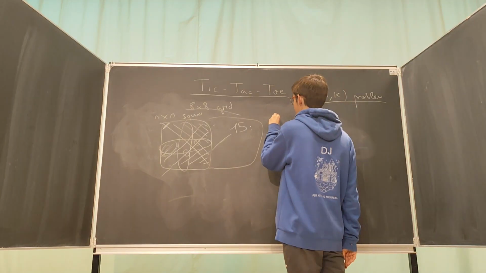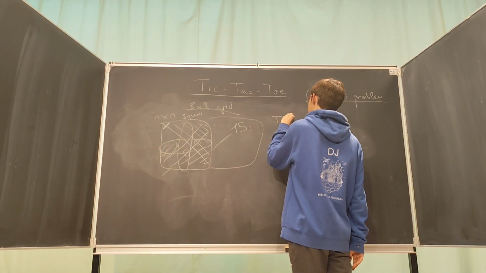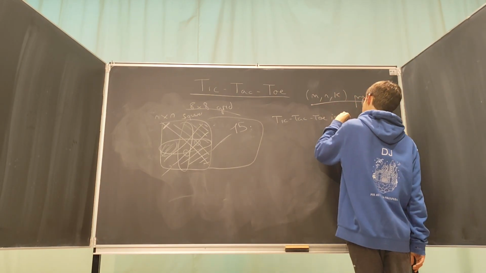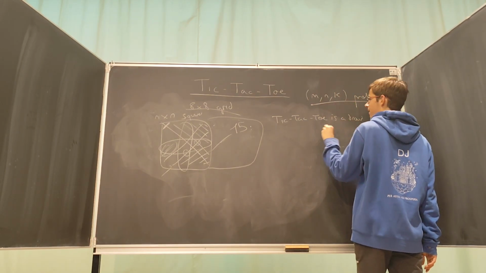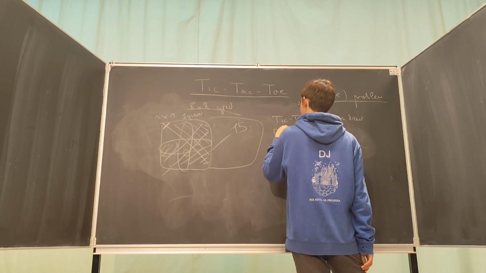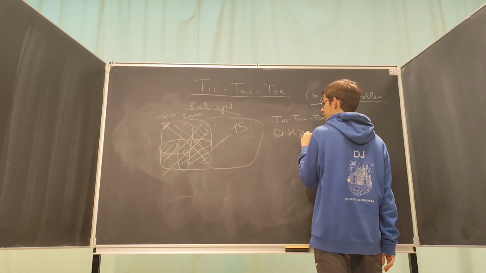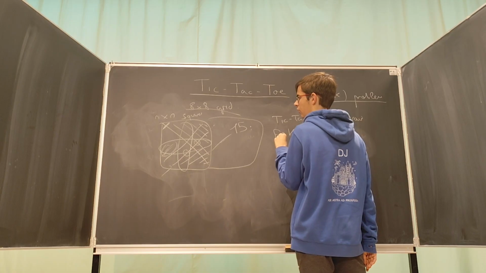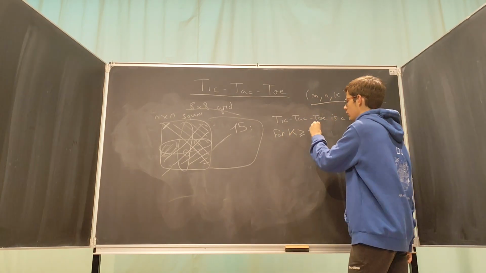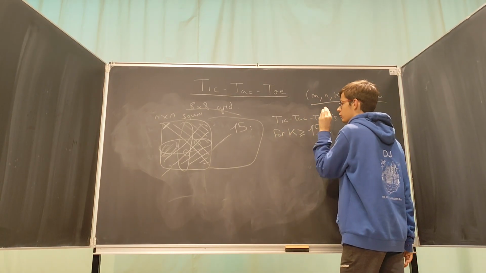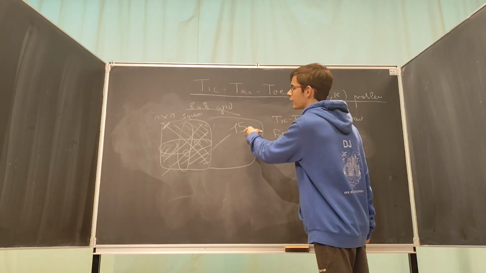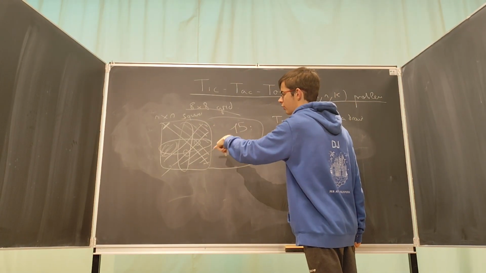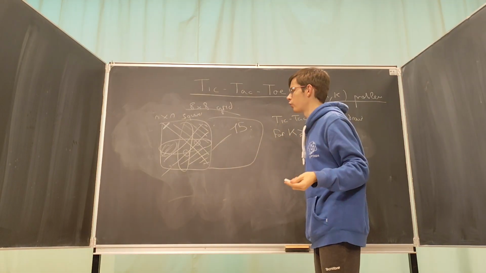So hence, tic-tac-toe is a draw for k greater than 15, because here you might think that with 15 we can manage to completely avoid a line or a column or a diagonal, but of course we can't.